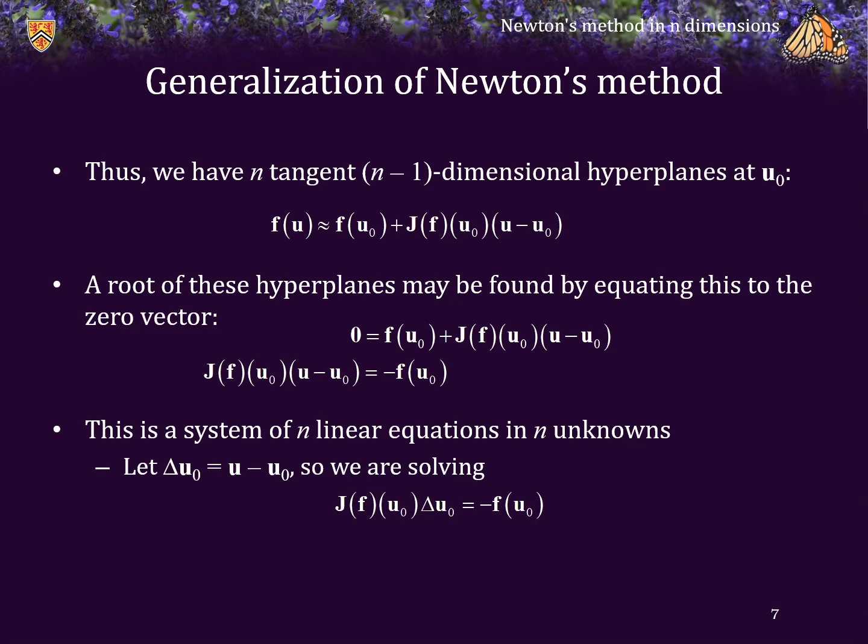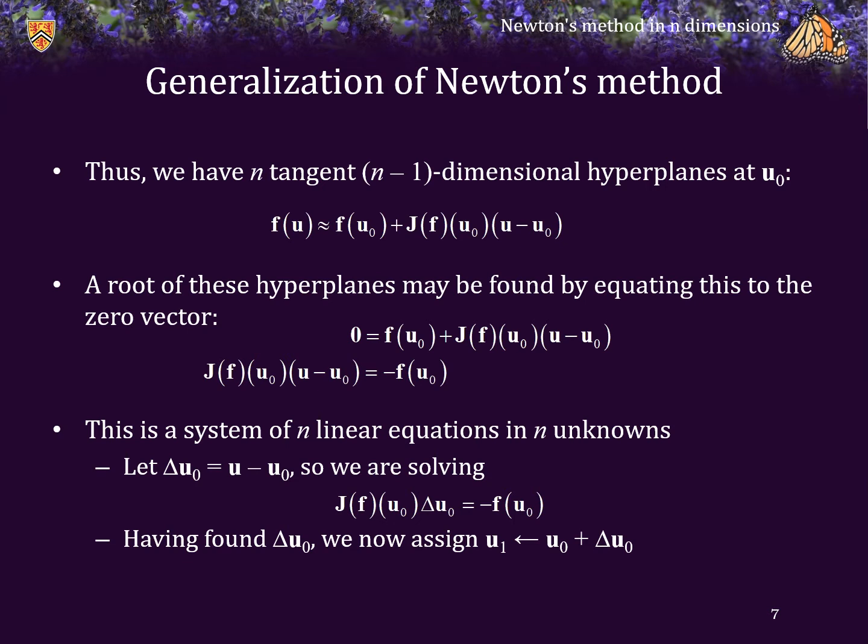Now, for simplicity, let's just let delta u naught represent the difference u minus u naught. So there is the actual system which we're going to solve, and we will solve it for delta u naught. Having found delta u naught, we define u1 to be u naught plus this delta.